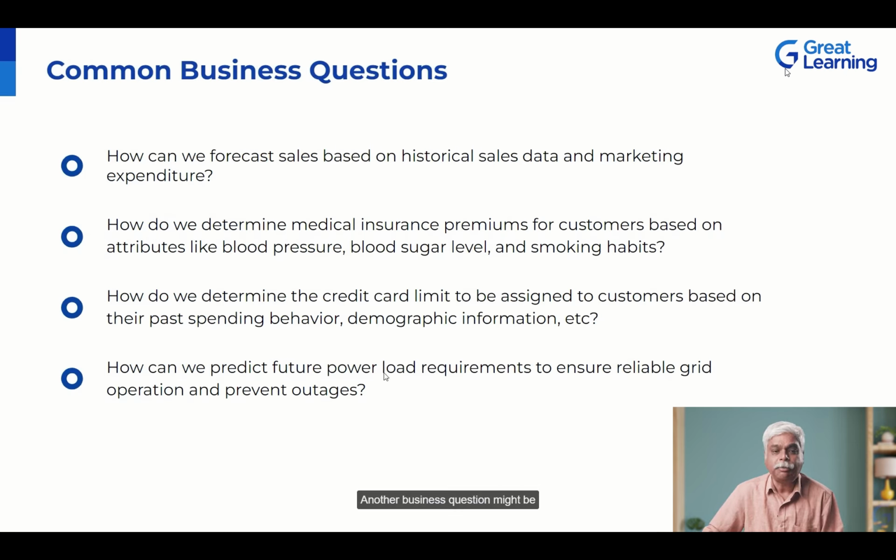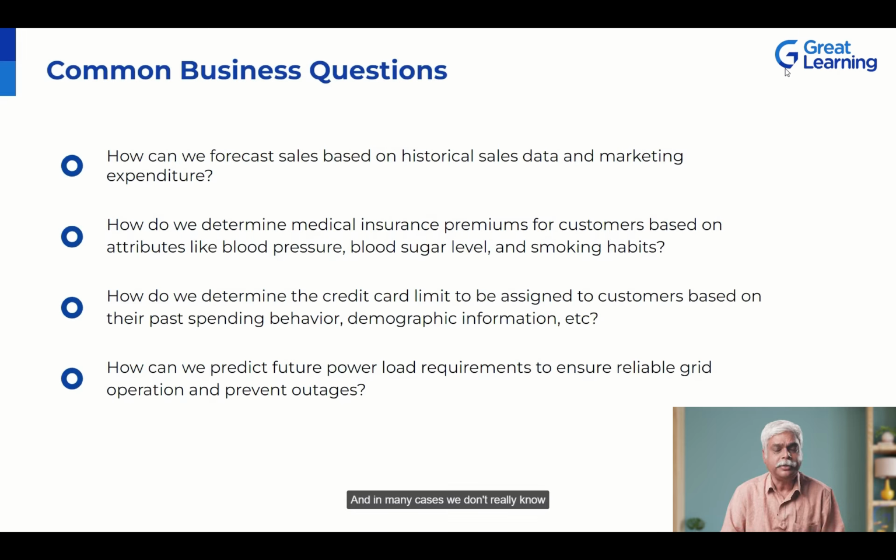Another business question might be to predict power load requirements to ensure reliable grid operations and prevent outages. Two points to note here. One, the word predict is comparable to the word forecast. The objective in these questions is not to understand sales or power load requirements, but to predict or forecast them.